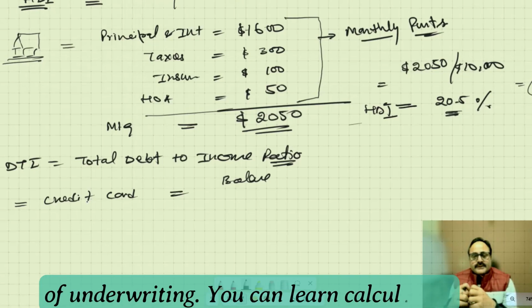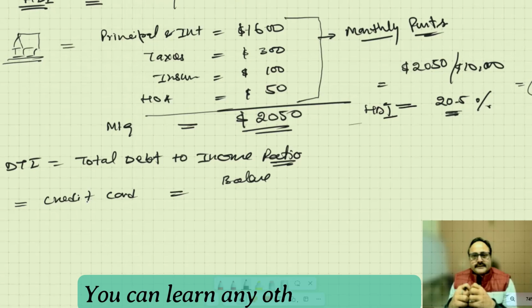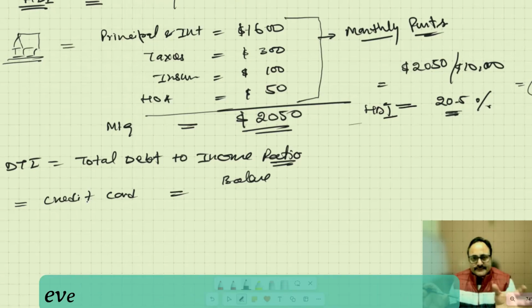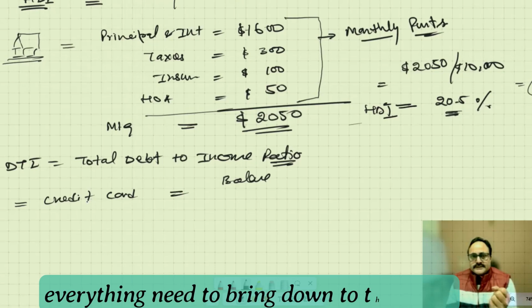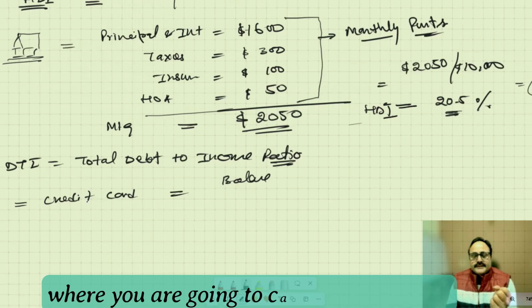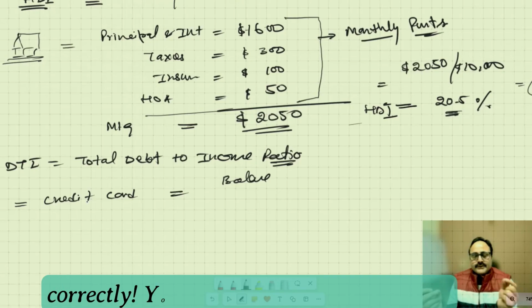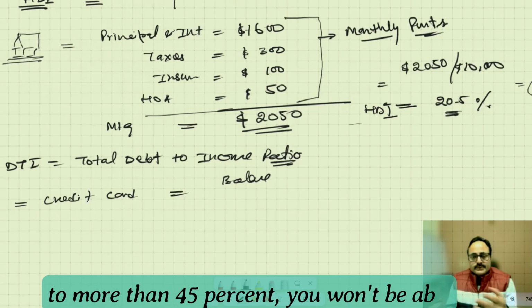You can learn calculating income, you can learn any other calculations related to expenses, but everything needs to be brought down to this point where you calculate your DTI. If you do not calculate DTI correctly, you are going to miss even one calculation, one point. If your DTI is more than 45%, you won't be able to approve the loan.